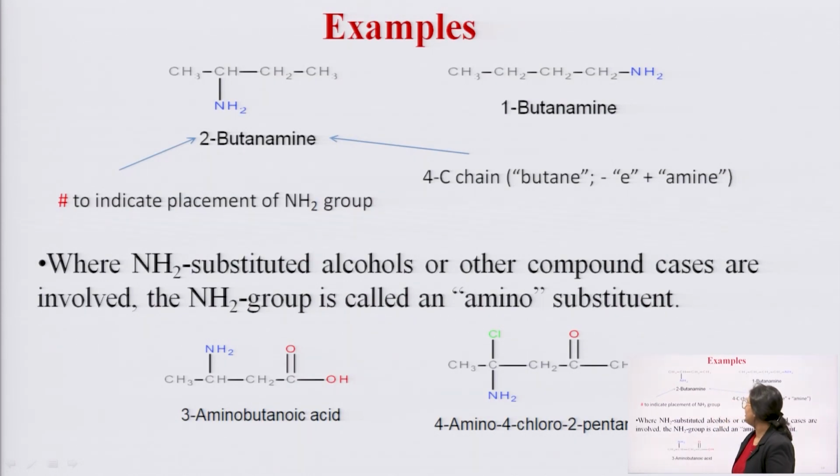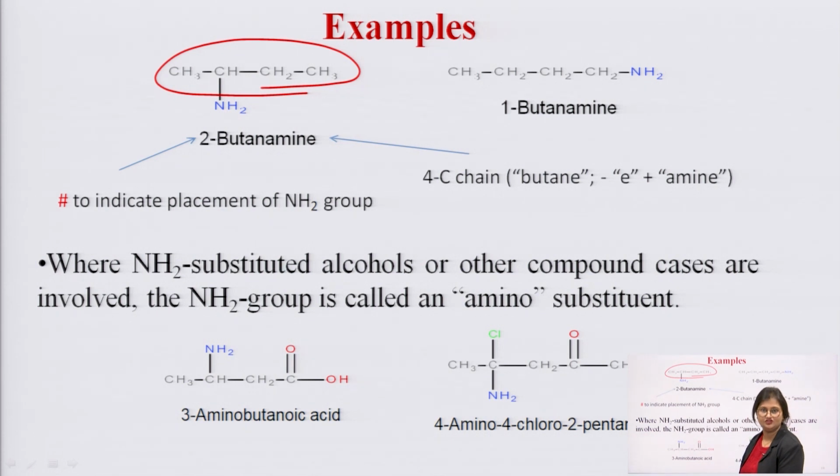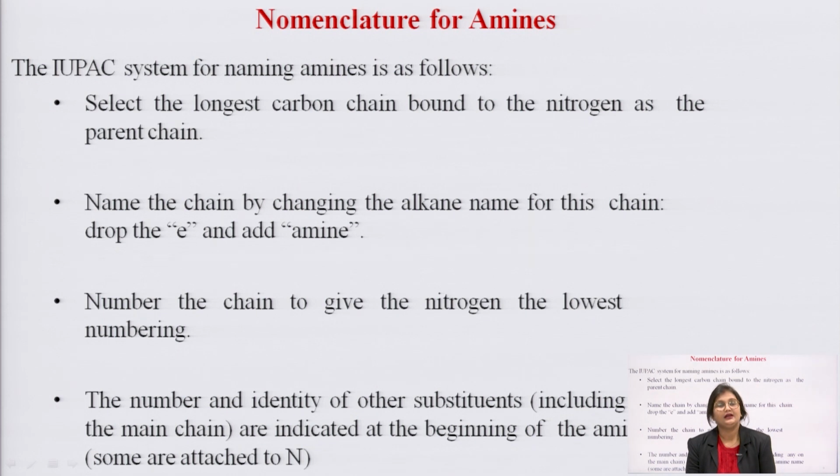Okay. So, here we will select the longest carbon chain which is bound to the parent chain. The second step is to name the chain by changing the alkane name: drop the E and add amine.